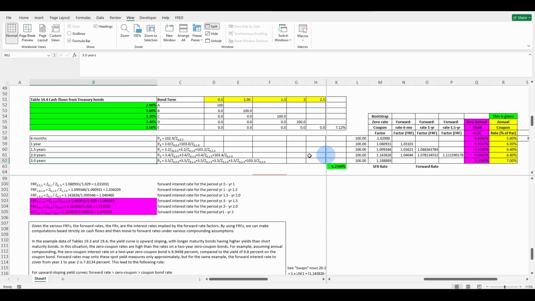We have this forward rate 1.310. Okay, notice the timeline, 6 months. Then we have 1 to 1.5, 1.3621, and 104.046. I don't think we're going to be able to find this one.